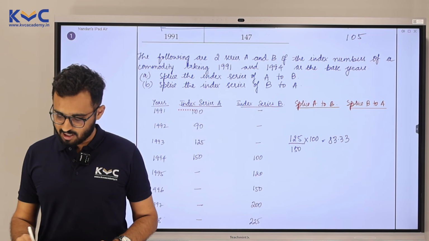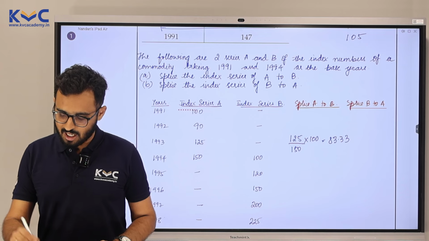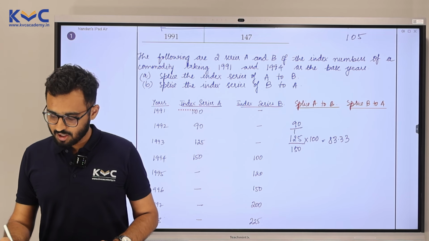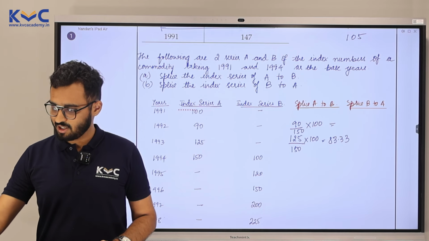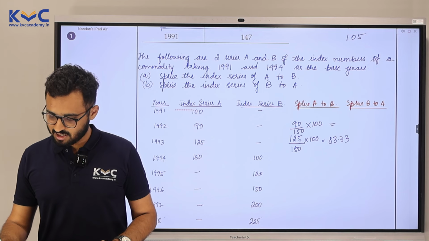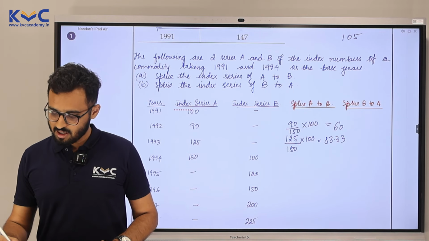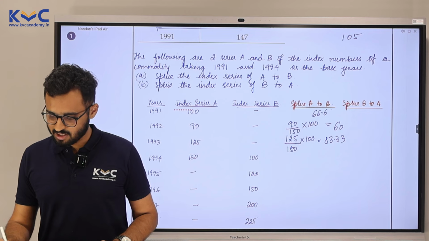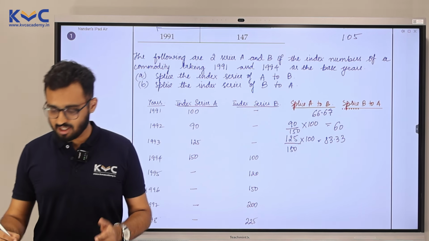If 150 is 100, 90 is what? 90 by 150 into 100 is 60. And 100 divided by 150 into 100 is 66.66 or 67. Now you tell me what will happen to the remaining values. They will continue to be 100, 120, 150, 200 and 225.